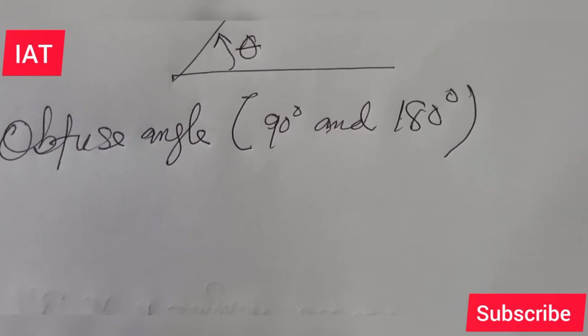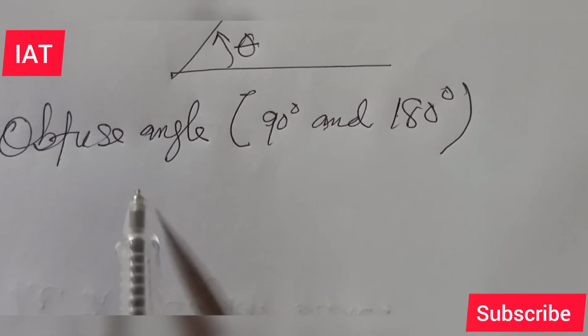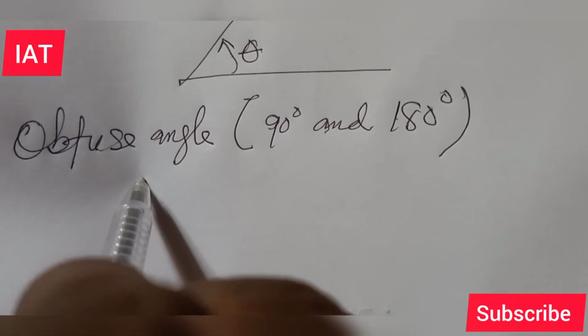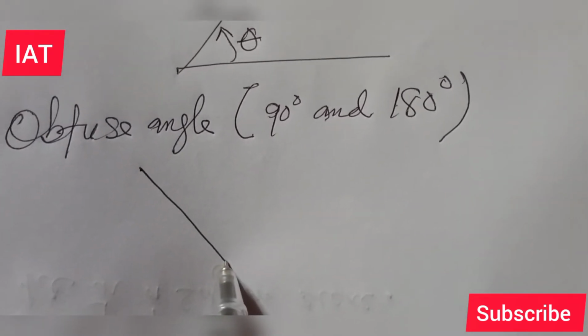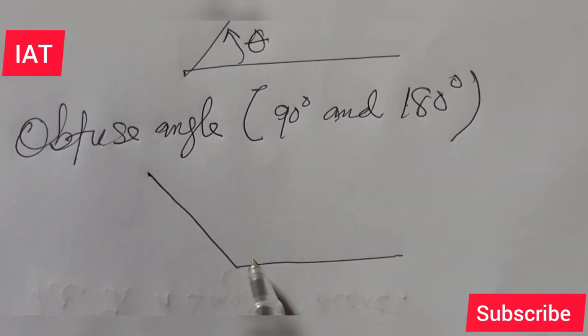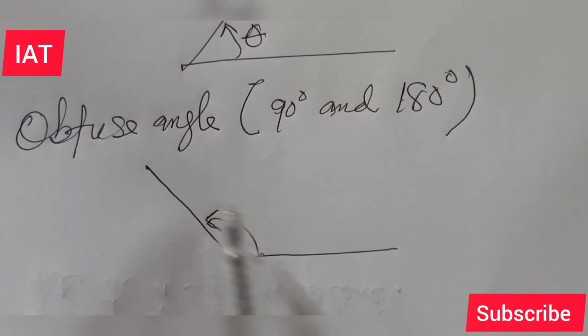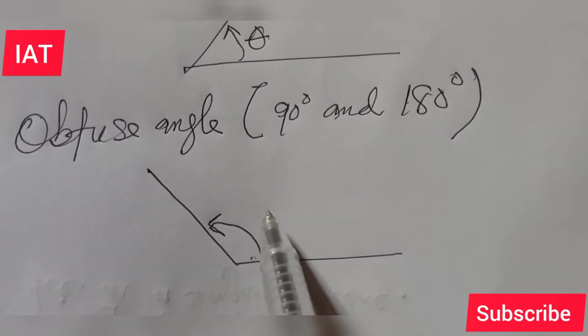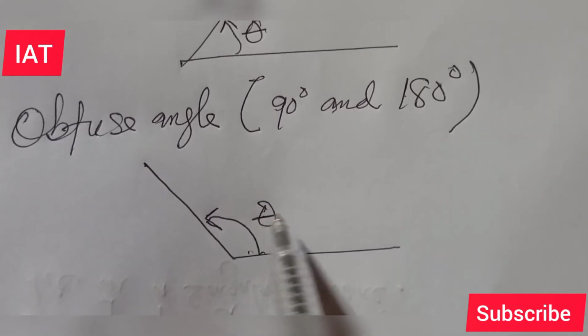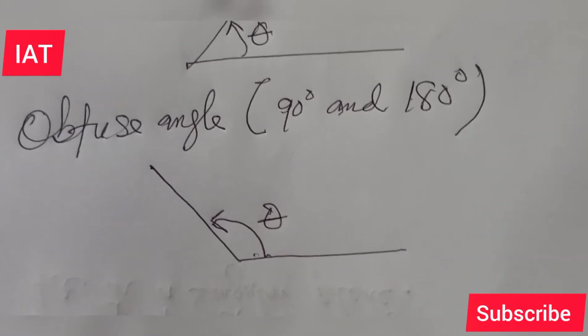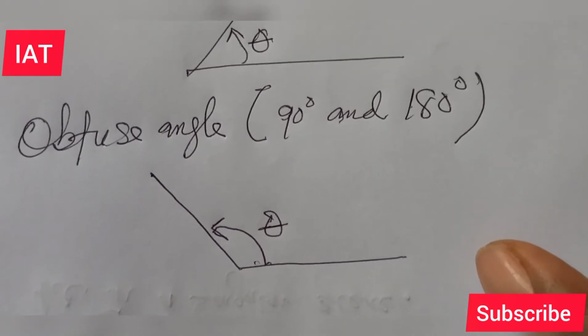The shape of that is something of this nature. By this indication you will observe that this angle is actually greater than 90 degrees, but of course less than 180 degrees.